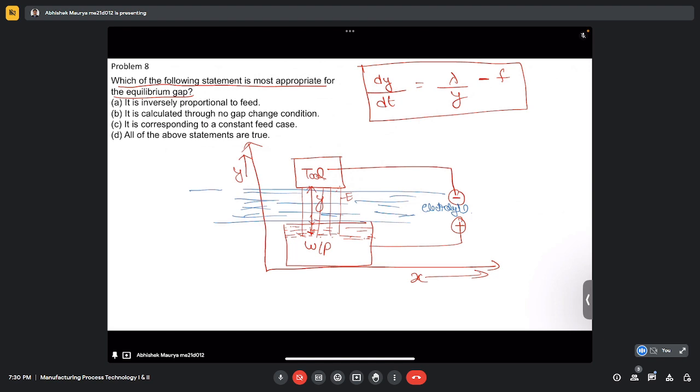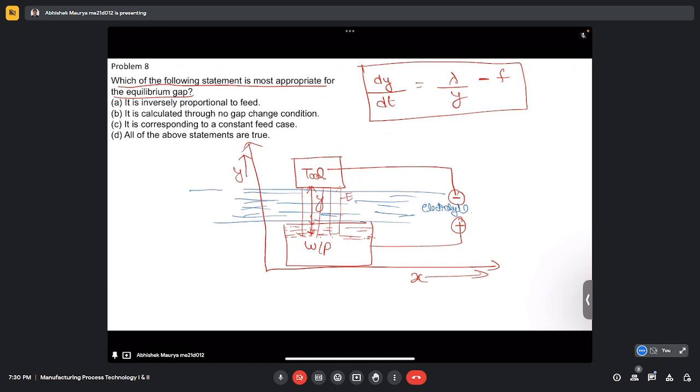If we keep on increasing the distance between these two electrodes, then the strength of the electric field will keep on decreasing, and a time will come when the reaction between the electrolyte and workpiece will not take place because of insufficient field strength. So after that time, the material removal will be almost negligible.